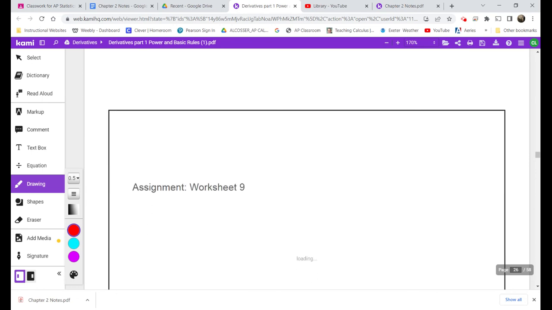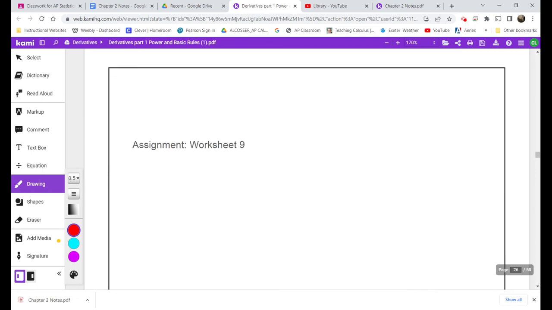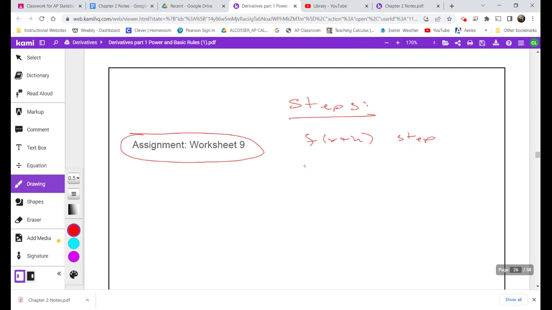So today it's kind of a quick little video. Today you're working on worksheet 9. Follow the steps on worksheet 9. The steps are going to walk you through each piece. It's going to say find f of x plus h, and that's one step. Then it's going to say find f of x plus h minus f of x.